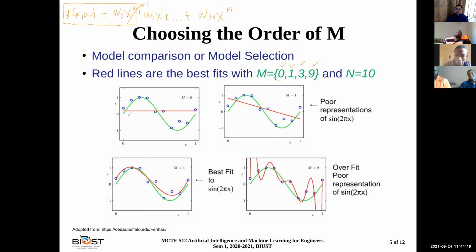In this case our w0 is non-zero, probably around 0.2. That's why your output is always 0.2, no matter what the value of x is. It's no longer dependent on x because there's no x.